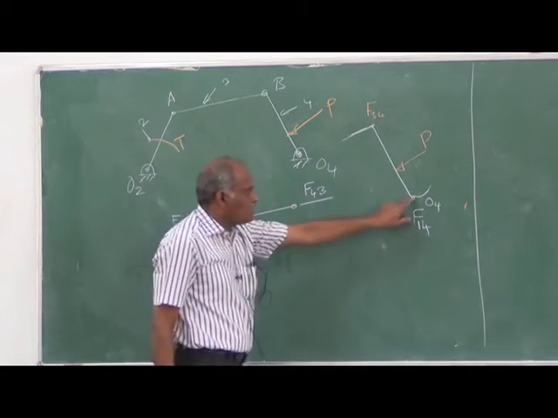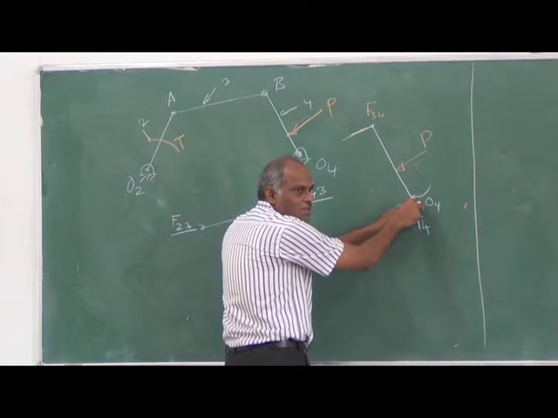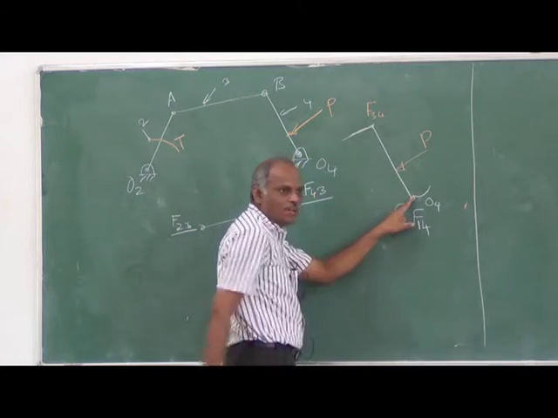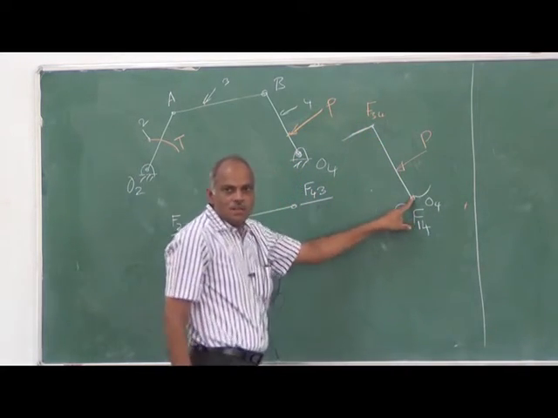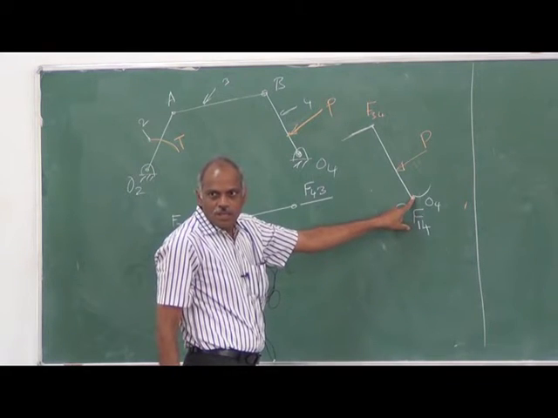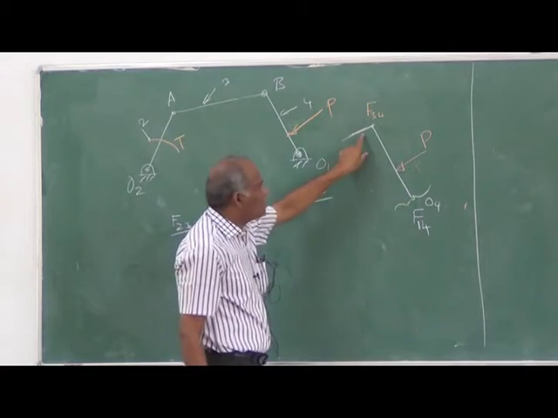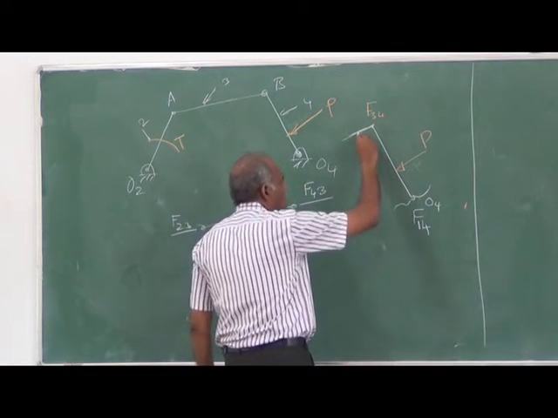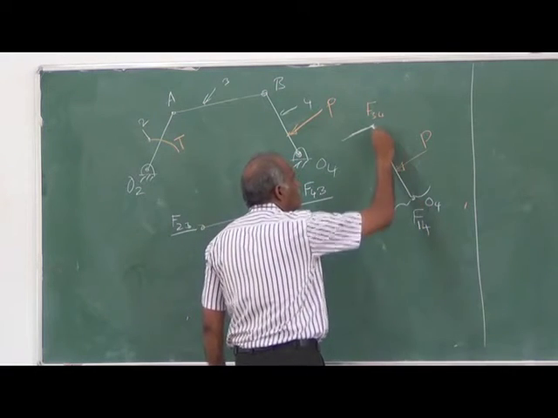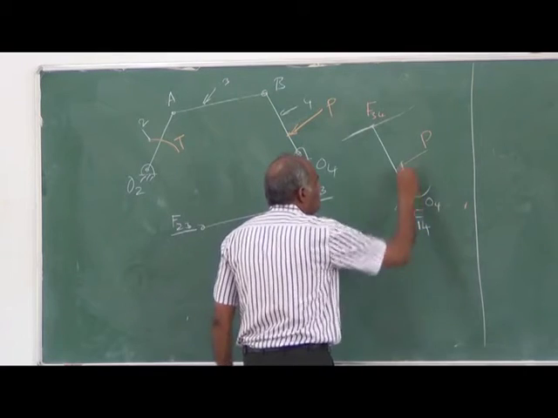If I take the moment about this, then this moment is P into this distance, that is the moment of P, and this distance into F34 will give you the magnitude of this. Okay, taking moment about O4. You have to extend this and see the shortest distance.